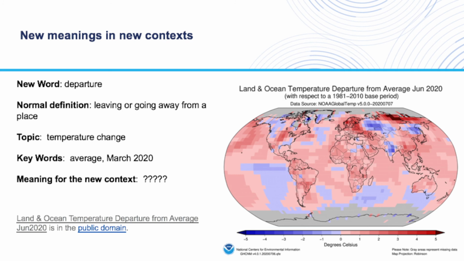We can see the scale at the bottom goes from -5 to +5 degrees Celsius. The keywords average and June tell us that we are looking at temperatures that are different from or away from the average temperature for June.